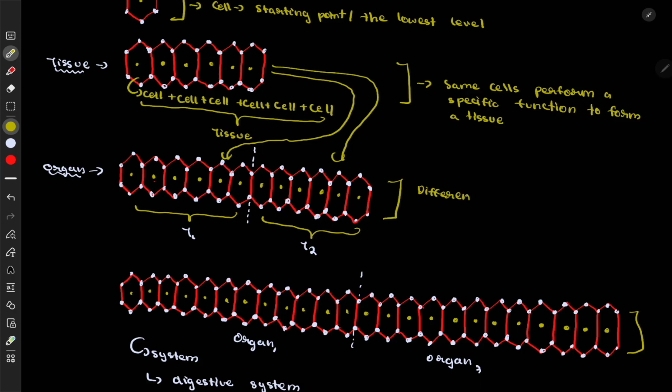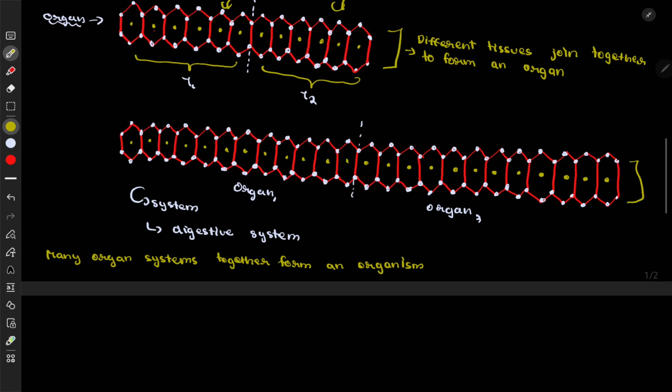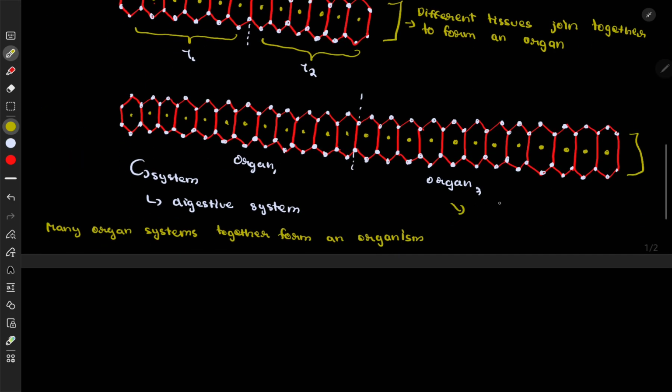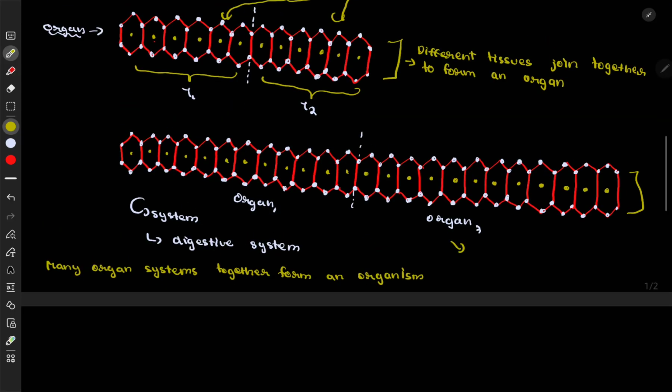Different tissues join together to form an organ. Different organs form groups which form an organ system. Different organ systems together form an organism.